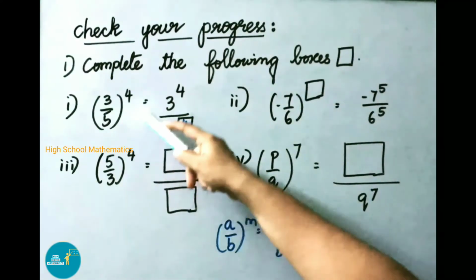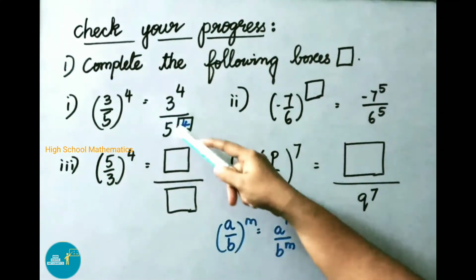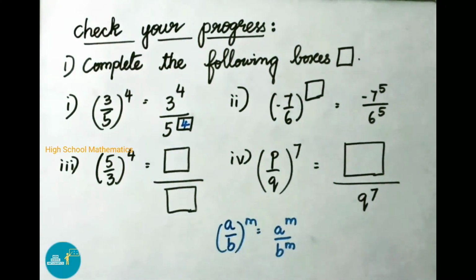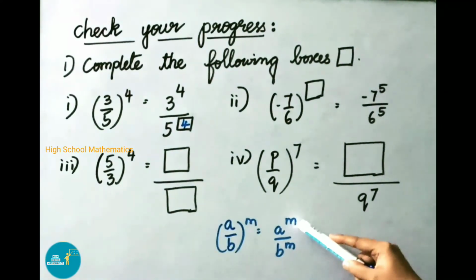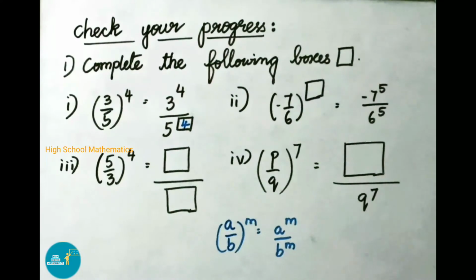So 3 by 5 whole power 4 can be written as 3 power 4 by 5 power 4. See now second one, minus 7 power 5 by 6 power 5. It is looking like a power m by b power m. So it can be written as a by b whole power m. That is minus 7 by 6 whole power 5.